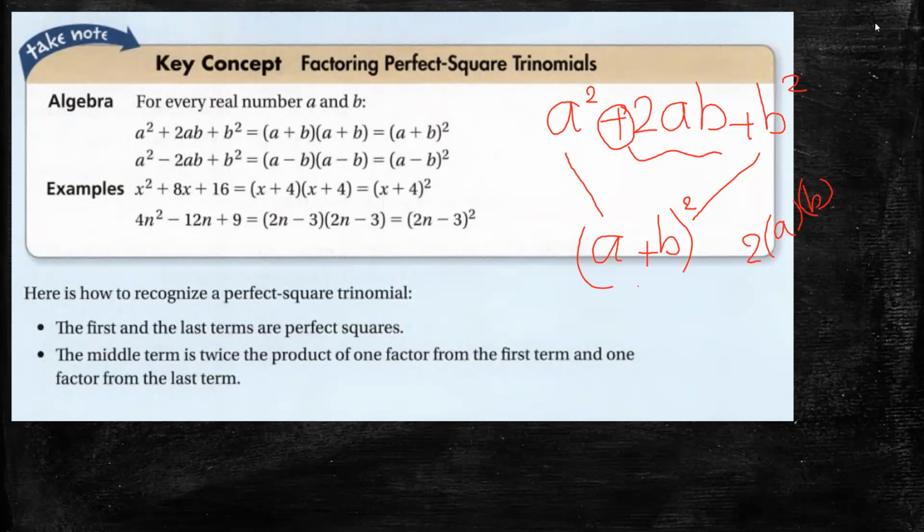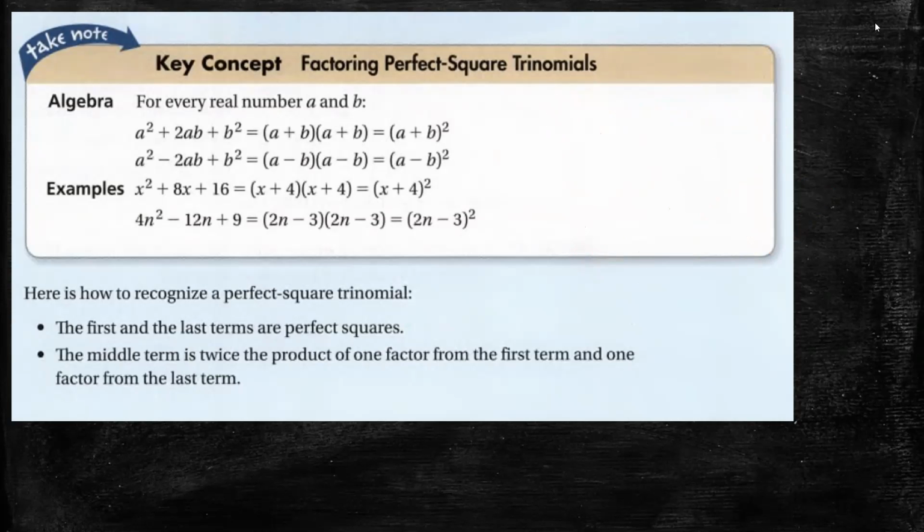What does it mean? Let's have another example. If you have x squared plus 4x plus 4, for this one, what I have to do, the first step, I will write this x squared as it is, and plus 4x, and this 4, I will write it as a number to the power 2.